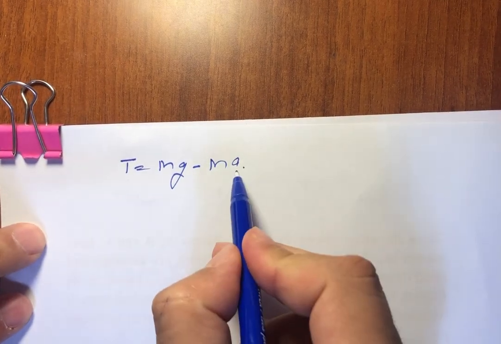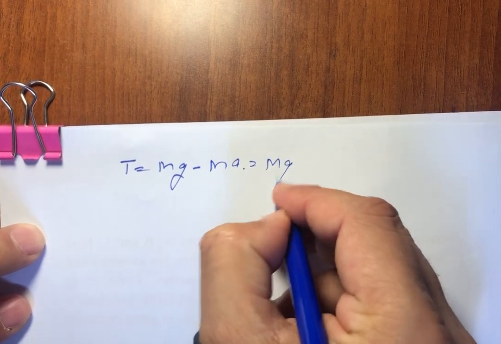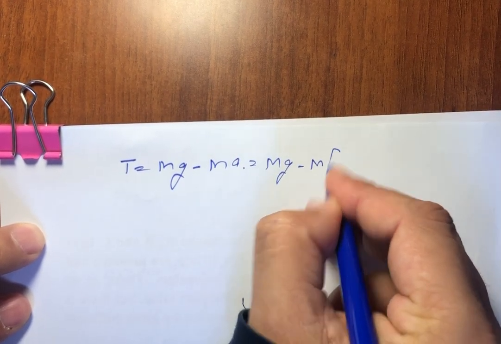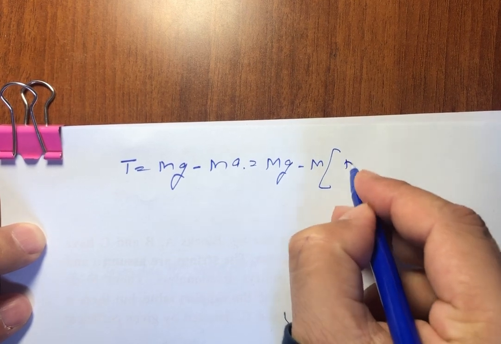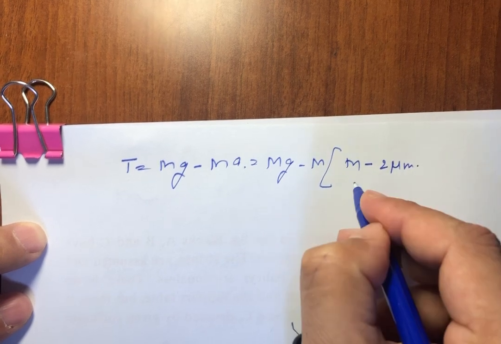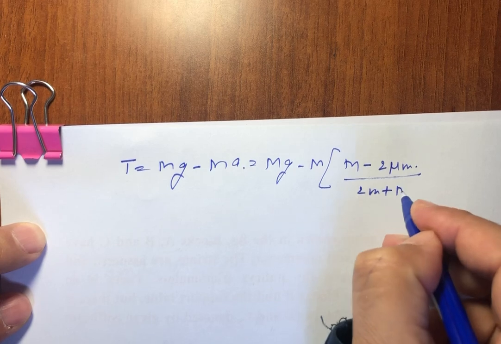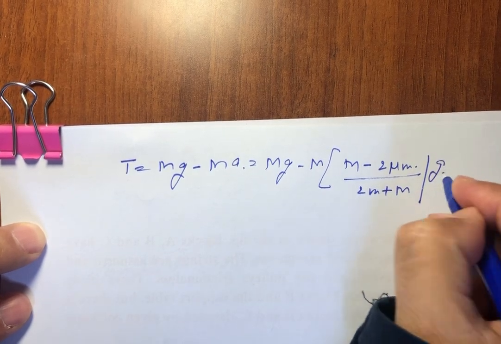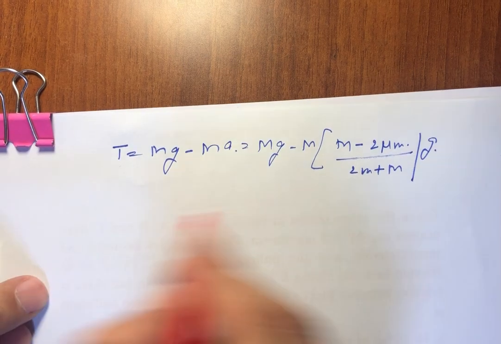In this equation, we substitute the value of a, we get mg minus m, and a is our m minus 2 mu m divided by 2m plus M, and into g. We can take g common from the entire part.